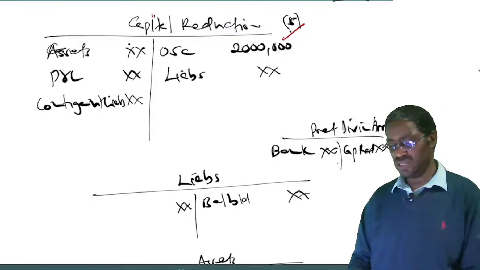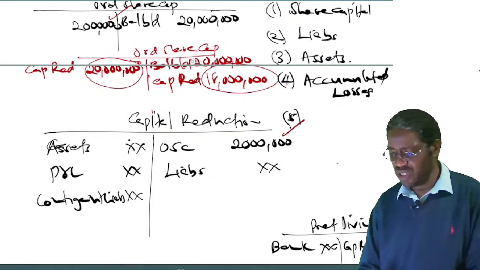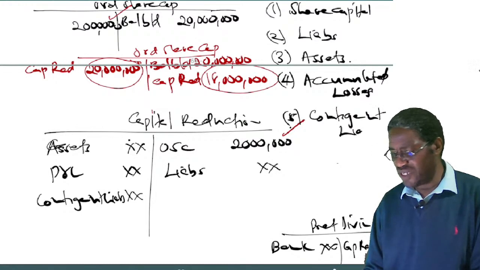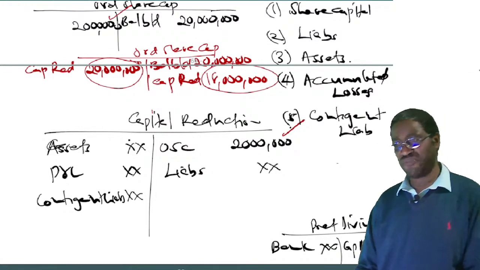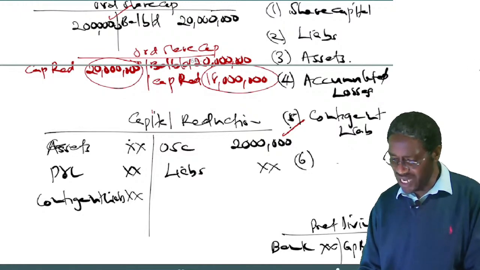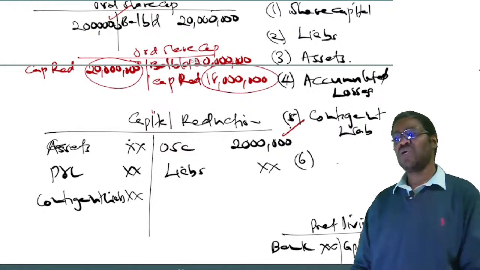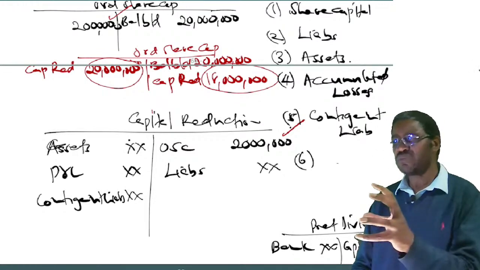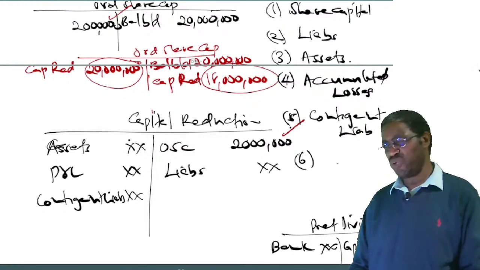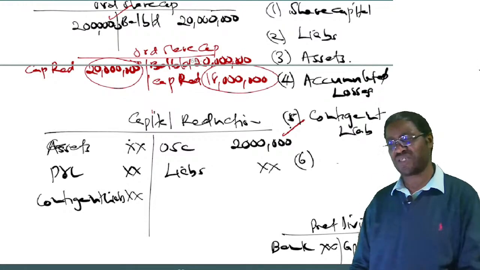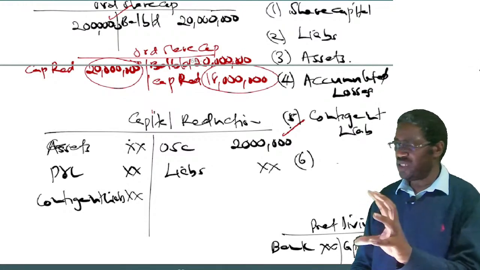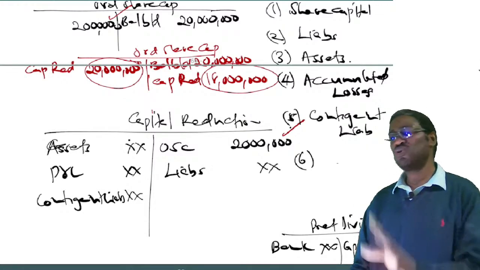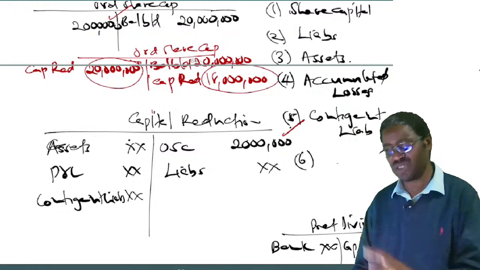Number 6, and the last one. Number 5 is with any contingent liability arising. Number 6, the last one, is this. Once you implement the scheme that the stakeholders have come up with, normally this account called capital reduction should be self-balancing.